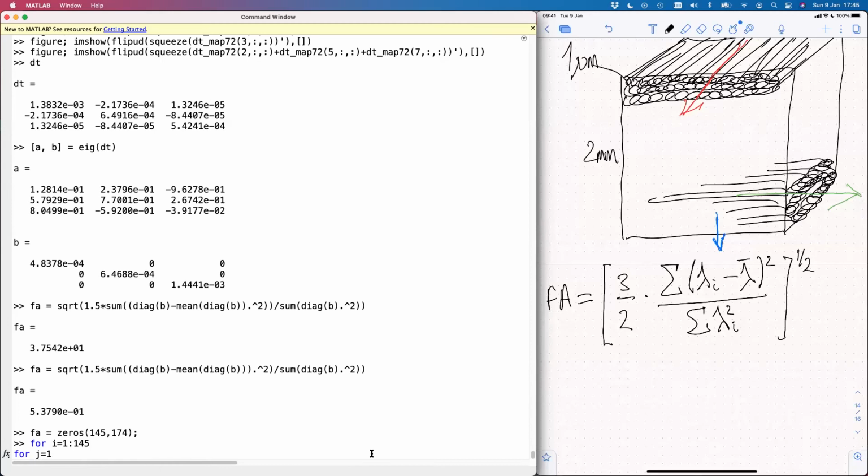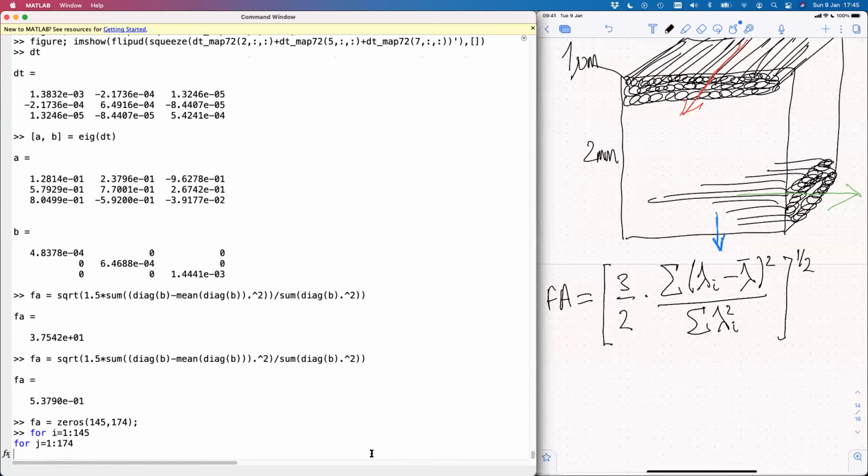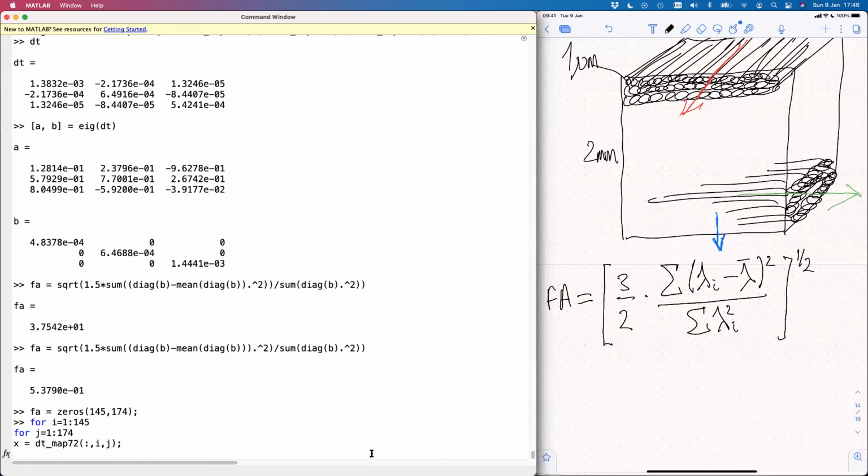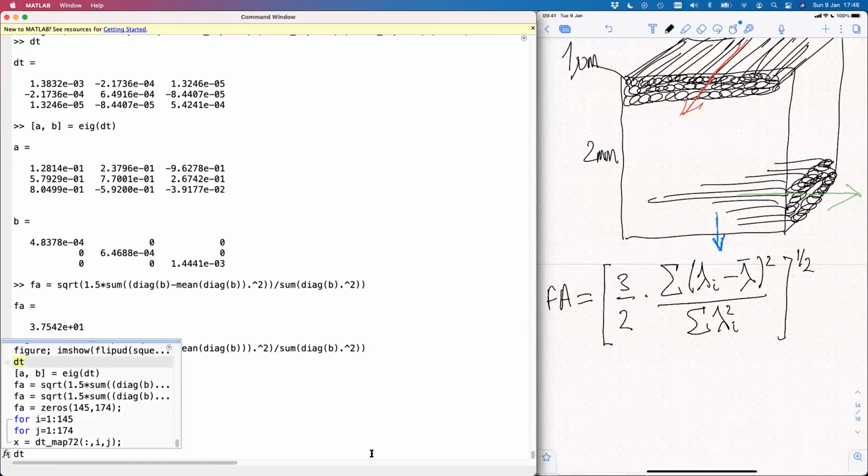There's 1, 2, 3, 4. And then we'll pull X from the DT map. And then use the command I wrote out earlier, which turns X into the diffusion tensor structure.